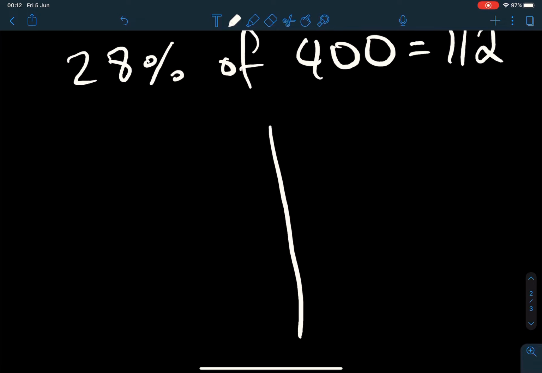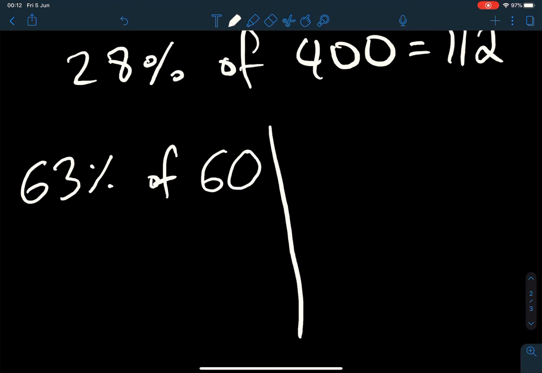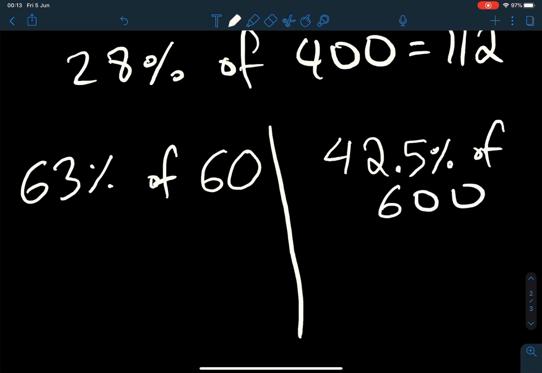Now, let's do another 2 examples. Let's do 63% of, let's keep it as 60. And let's do one slightly more difficult one. Let's do 42.5% of, let's say, 600.